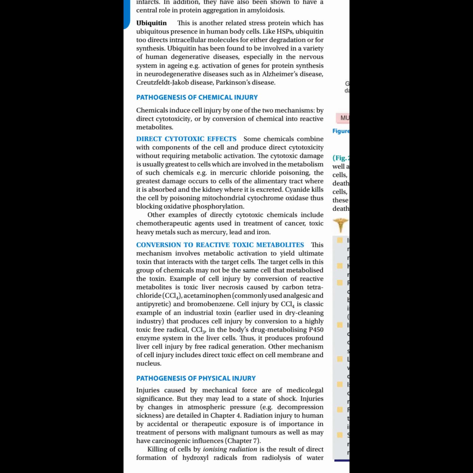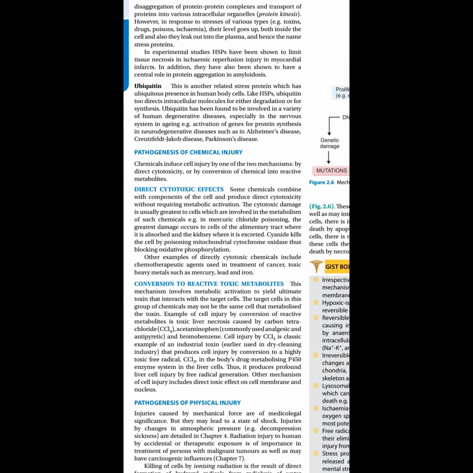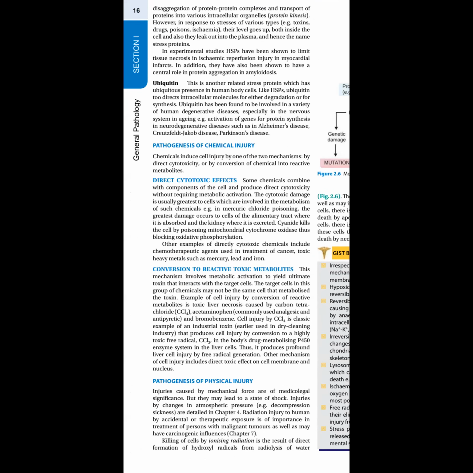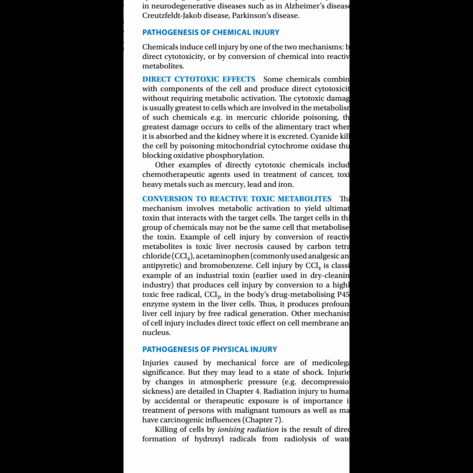Understood? So in the pathology of chemical injury, you just have to write direct and indirect, and give one example for each. For the physical injuries, you have to give examples like burns, shock state, and atmospheric changes. Whenever a person comes into that atmosphere and is physically injured, like a shock, any radiation, any change in blood pressure, any change in atmospheric pressure, or direct contact with the patient, that is physical injury to the cell.